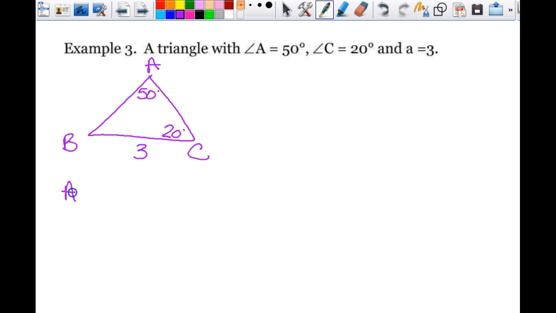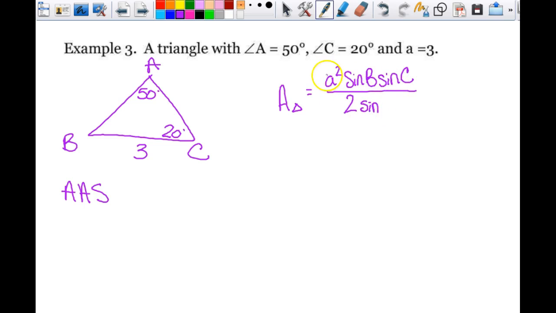So this is your angle side angle, which means that the area of the triangle is equal to the side we know, which in this case is little a. The side we know could be little b, but it is little a. So little a squared times the sine of b times the sine of c, all over 2 times the sine that matches this, so it's the sine of a.